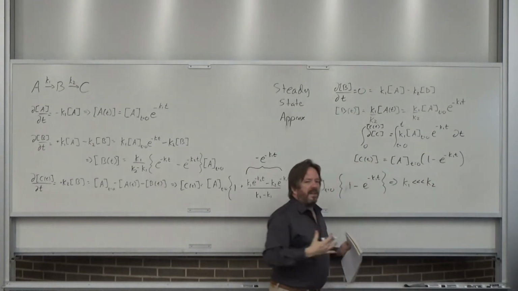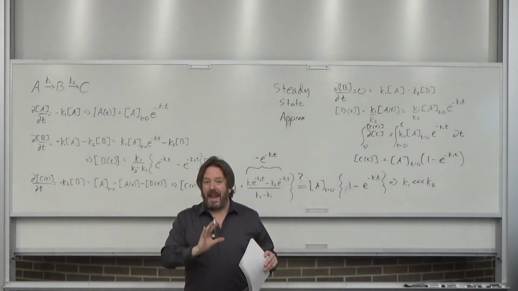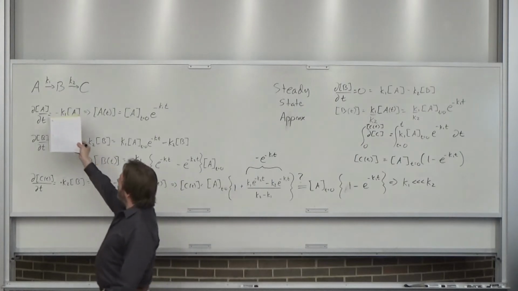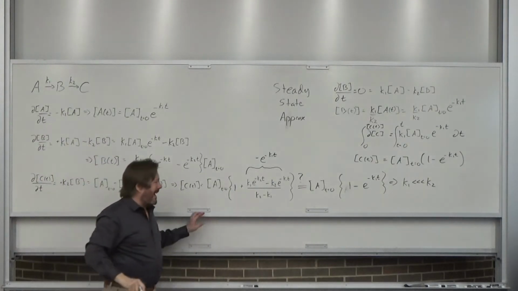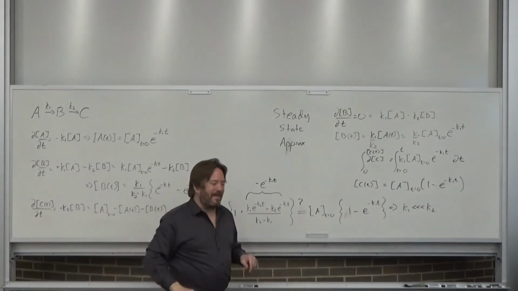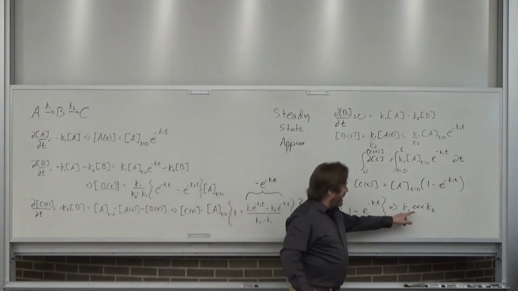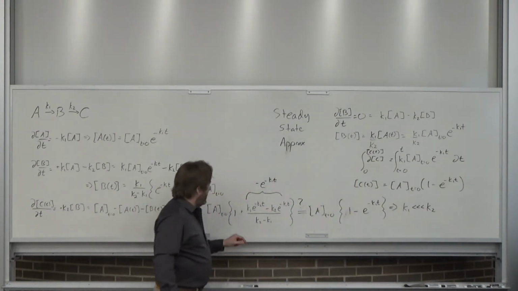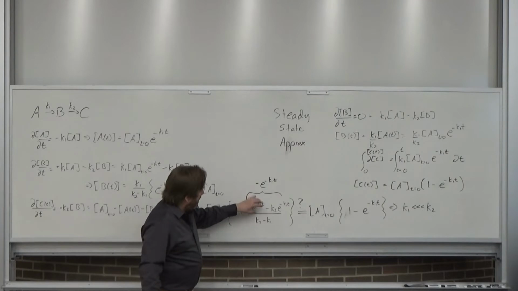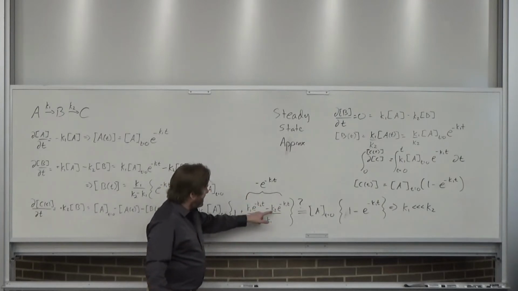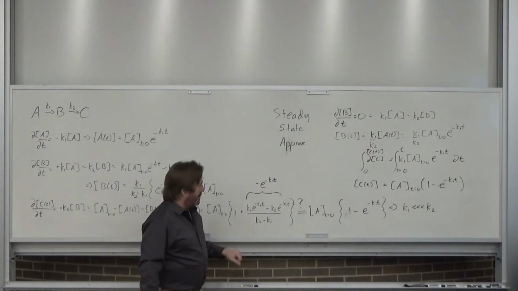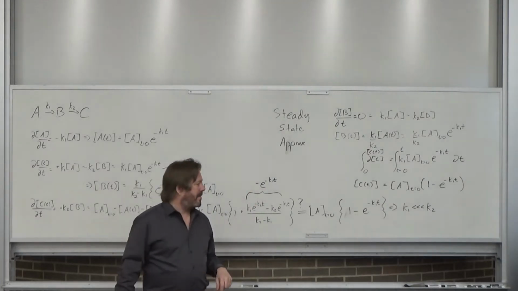So not that k1 is necessarily 0. It can't be 0 because you never formed any B to begin with, right? You've got to form a little bit of B. It's that k1 is much less than k2. Now let's look at that. So this term's gone, and I've got k2 e to the blah minus k2 e to the blah divided by k2. And that's minus e to the blah, blah, blah. All right, so there you go.